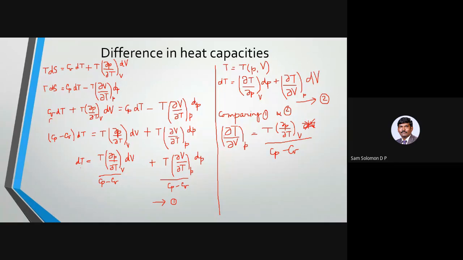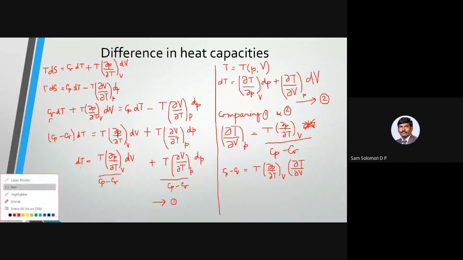You're right. Okay. So now I can also rearrange this and write Cp minus Cv is just T times partial P by partial T at constant V multiplied by partial V by partial T at constant P. Sorry about that, guys.